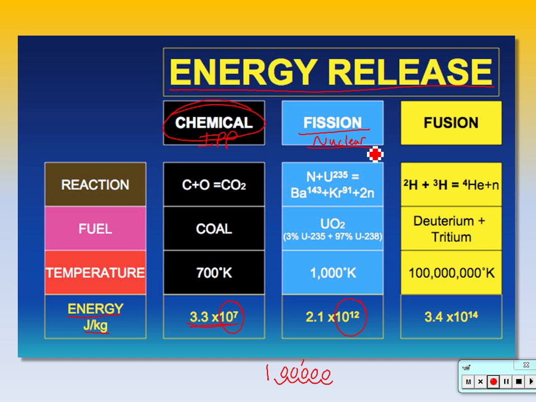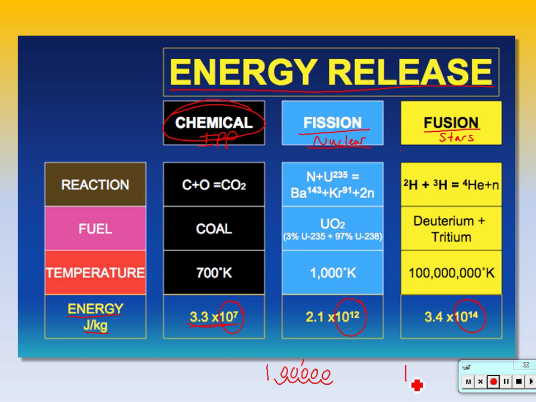Okay, now let's compare that to fusion. Where are fusion reactions occurring, guys? Stars. Our sun. This is what's happening with our sun. How many orders of magnitude? 10 to the 14th. How many times more energy is released with fusion than with fission?